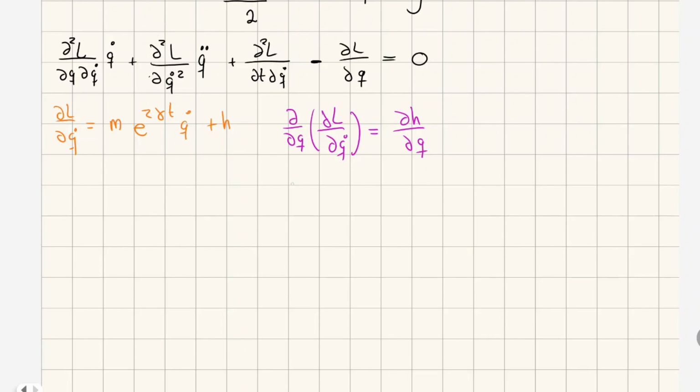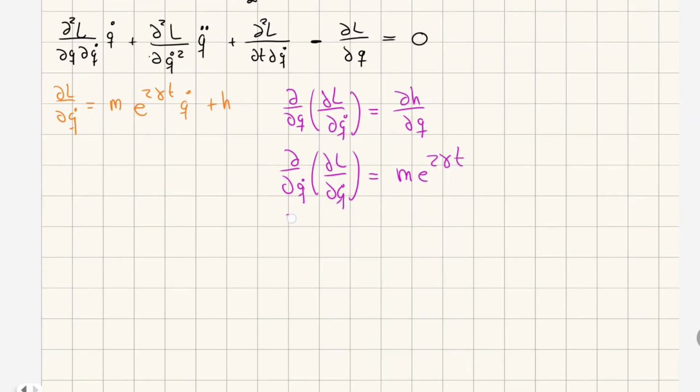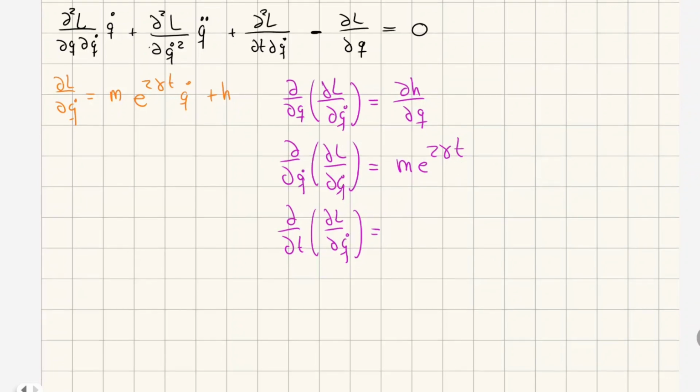Now this term says that we need to take the derivative again with respect to q dot. So the derivative with respect to q dot of the partial of L with respect to q dot will be m e to the 2 gamma t, because h does not depend on q dot. Now we need to calculate the partial with respect to time of the partial of L with respect to q dot. What will that be?